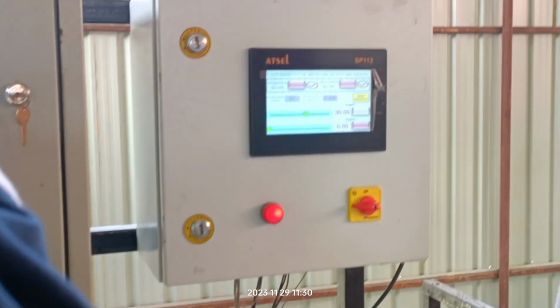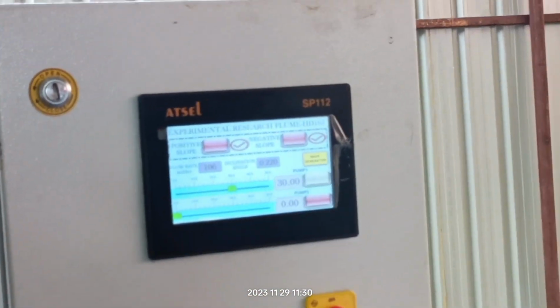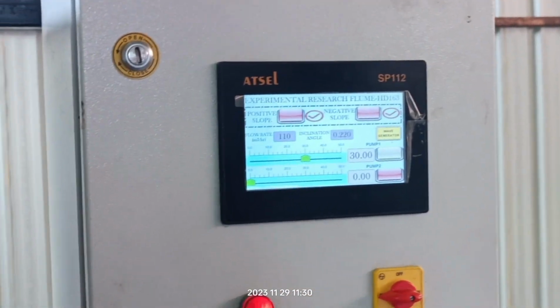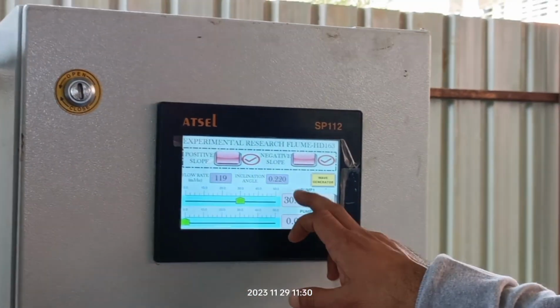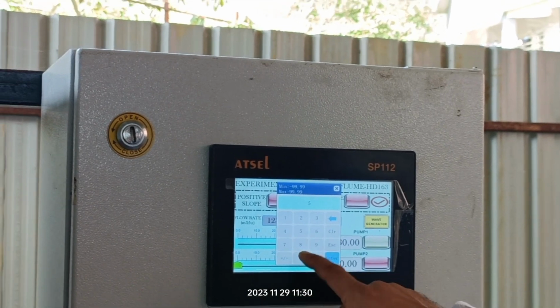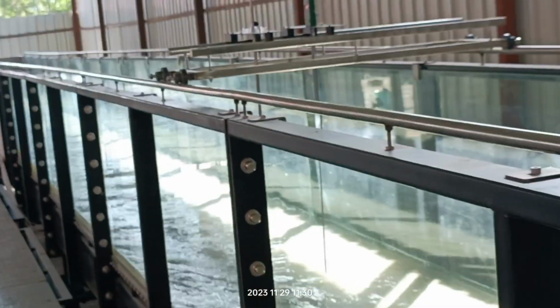This is 30 centimeters, right? Oh, discharge. Hertz. Oh, sorry. Motor. What I operate is maximum speed 50 hertz. That is the maximum speed of pump 1.